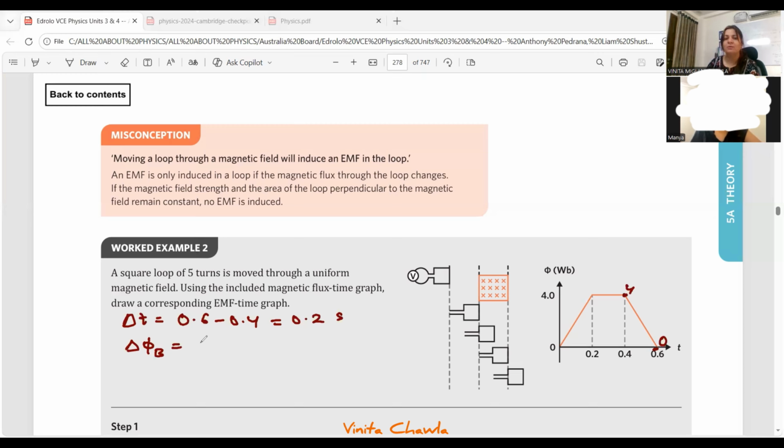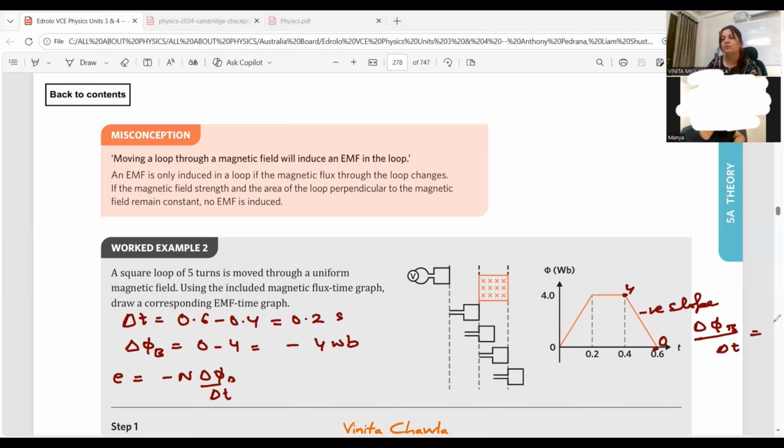So we'll write final magnetic flux minus initial magnetic flux, so it is minus 4 Weber. And E is minus N del phi B by del T. We can see that we have a negative slope here, it is going down. So del phi B by del T is negative, and now we will get a positive value of EMF.